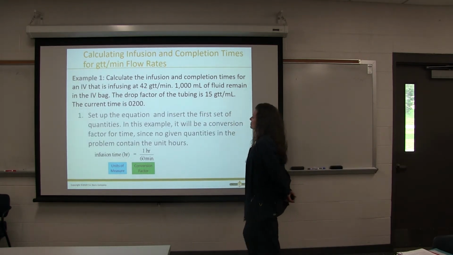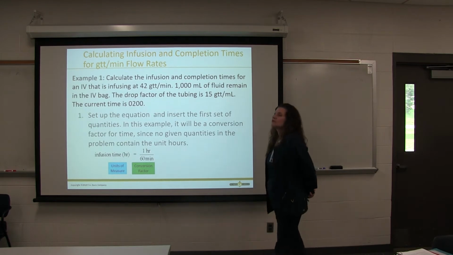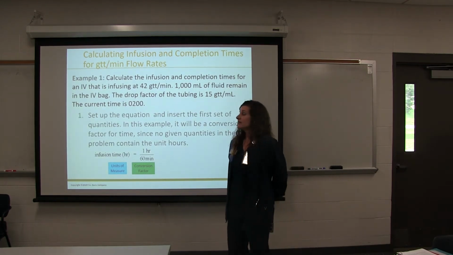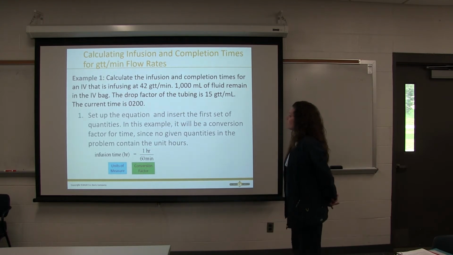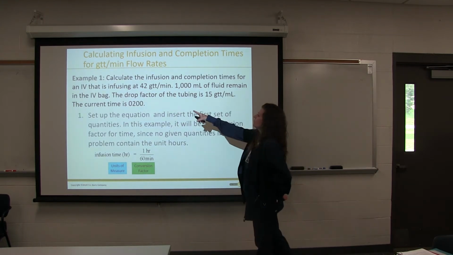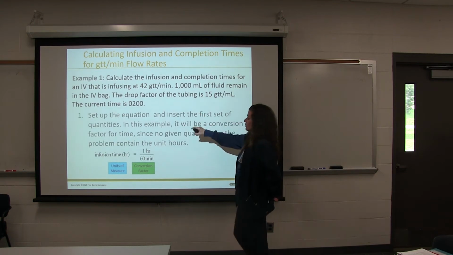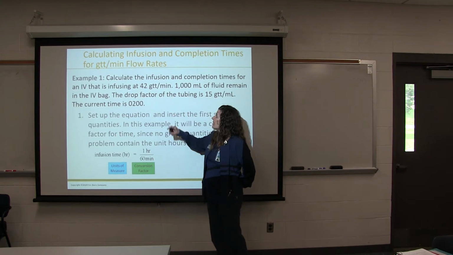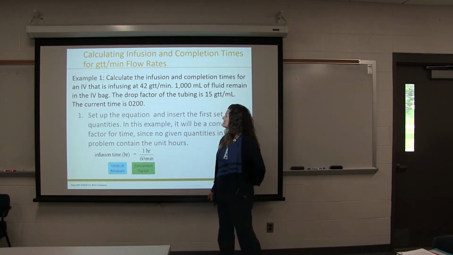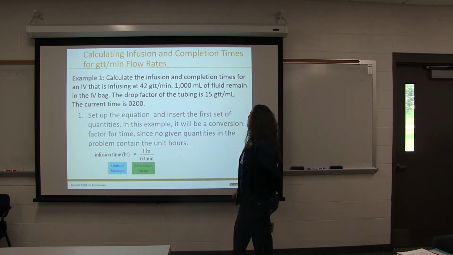Remember infusion time, we're going to regulate in hours. So what do we know about that so far? Well, first of all, we don't see an hour regulation in there, so we have to go ahead and make a conversion factor of that because we do have minutes. So 1 hour is 60 minutes. Now what do we know in minutes?